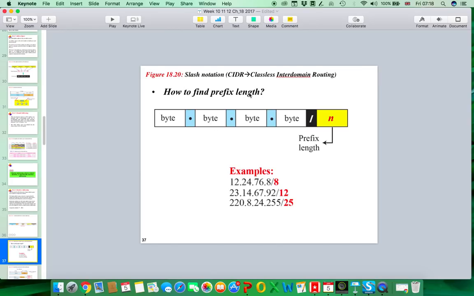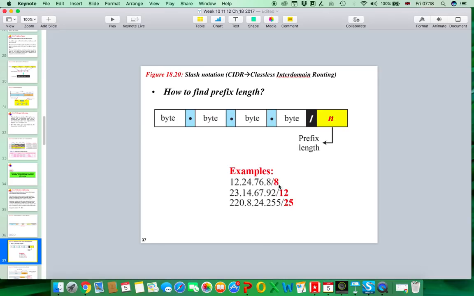And how do you find the prefix length? It is based on this information at the end. The slash number that you give here is the length of your subnet mask or the length of your prefix.